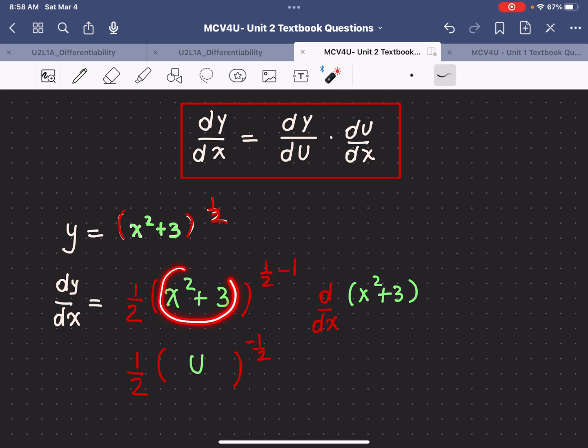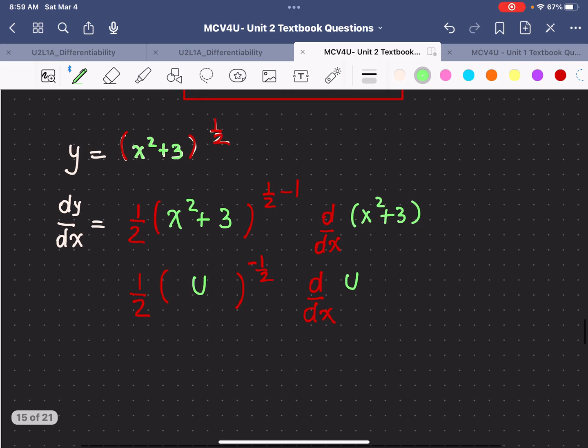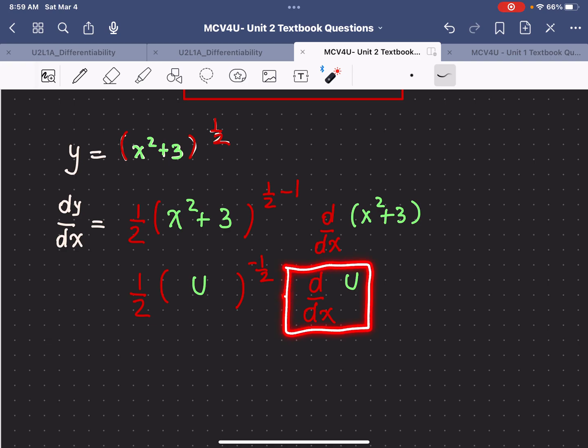So I'm going to bring u in, and then in here we'll have the derivative of the function u. So x squared plus 3 represents u, so we are writing the function u itself. So as you can see here, we have created the du/dx.